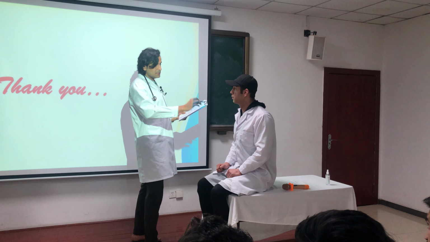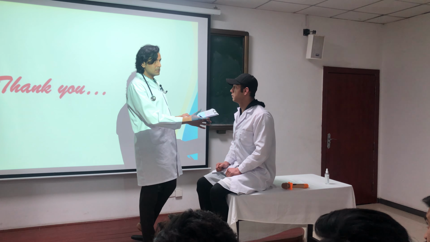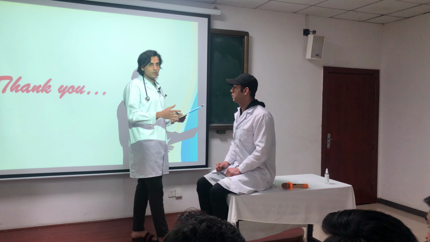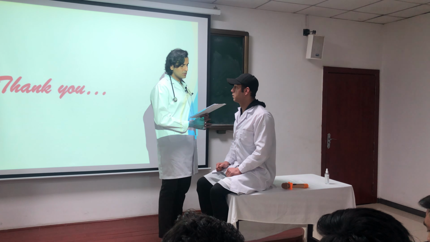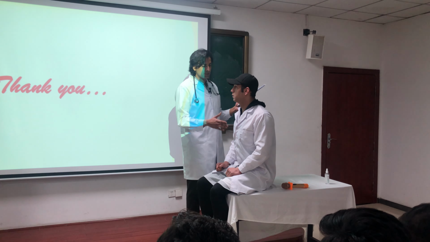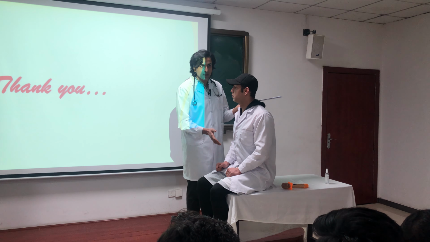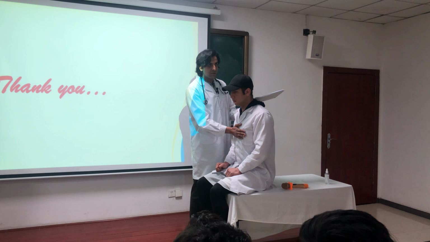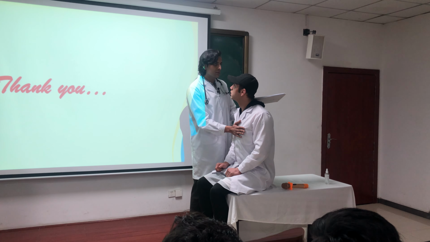any specific findings of the chest. Is there any chest deformity or not? In the chest wall, then we have to do the palpation, in which we have to place our hand. For apex beat, we have to place our hand at the 5th intercostal space, mid-clavicular line, to palpate the apex beat.